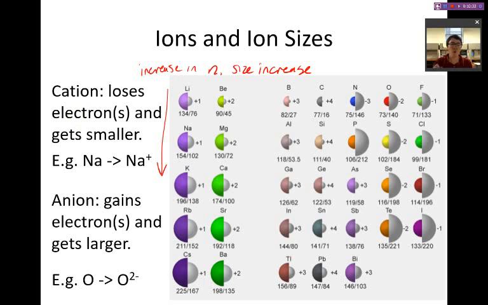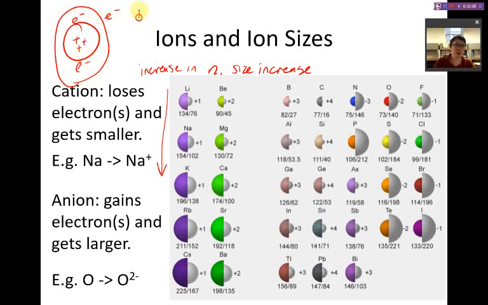Now, because we are losing electrons to form a cation, there is a larger attraction from the nucleus to the electrons that remain. For example, if we take a look at lithium, lithium has a total of 3 protons, and the neutral element has 3 electrons.